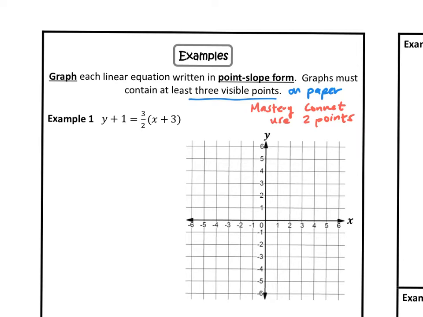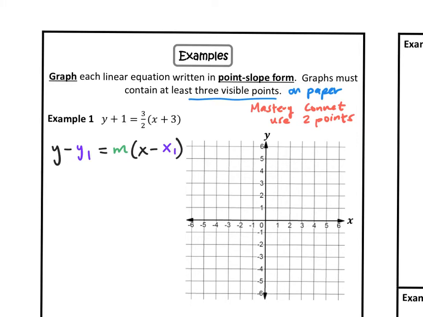Let me go ahead and put on there the equation. Let me color code. It's slope, parentheses x minus x1. Oh, put that in black.